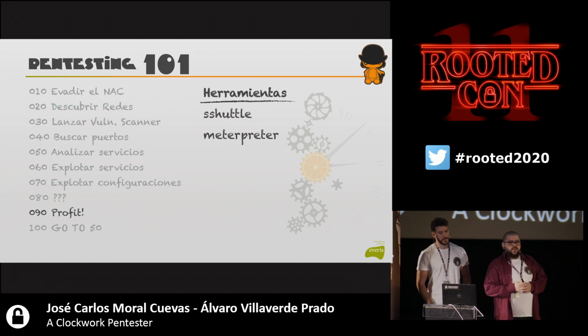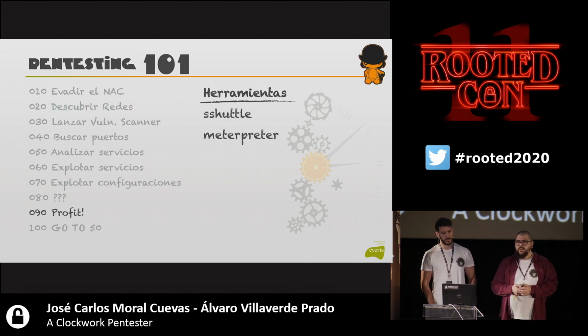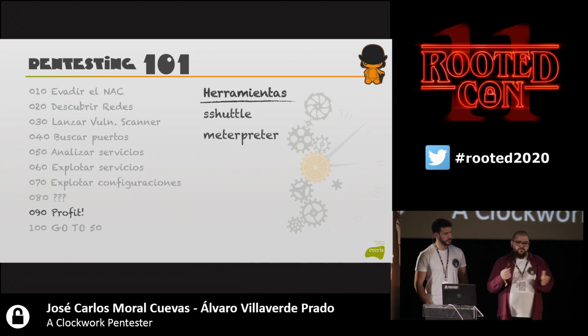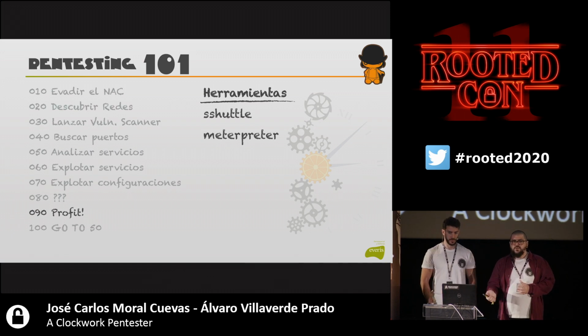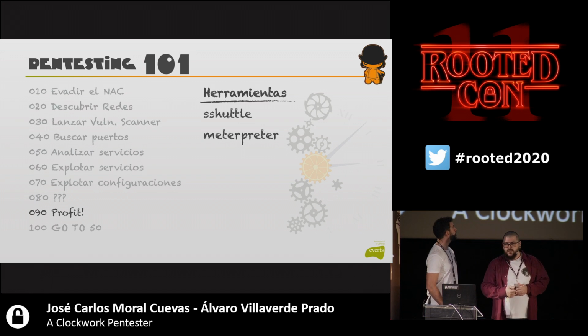For that, we install persistence, we access different mechanisms such as token capturing, and we use it as a jump host for pivoting to other networks. And we also get configurations, we analyze them, we see what we can do with them.